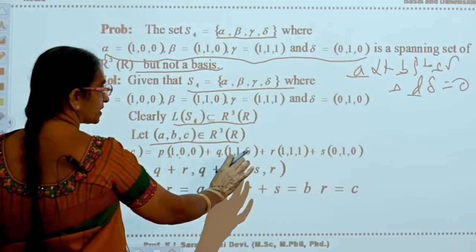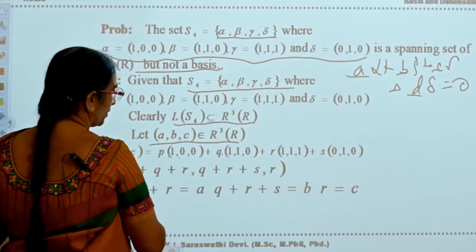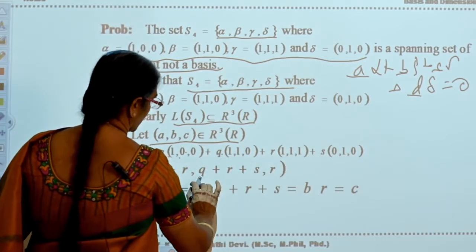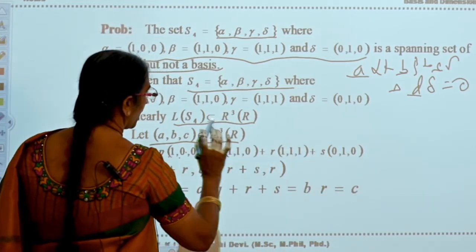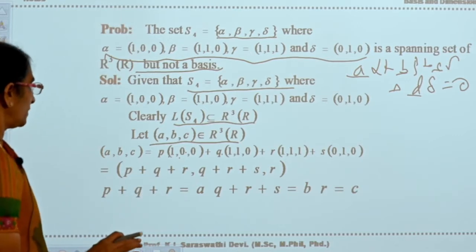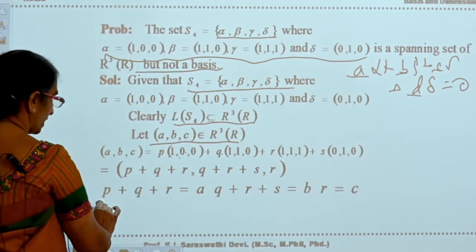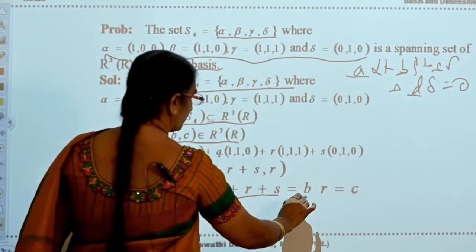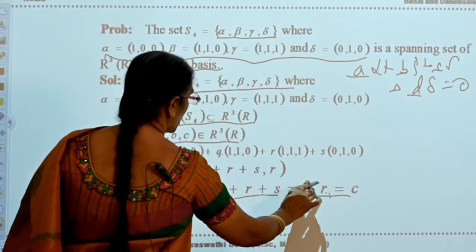Now this is (p + q + r) for the first component, the second is (q + r + s), and the third one is r. Now you got the a, b, c values: p + q + r = a, q + r + s = b, r = c. Now substitute the r value here.